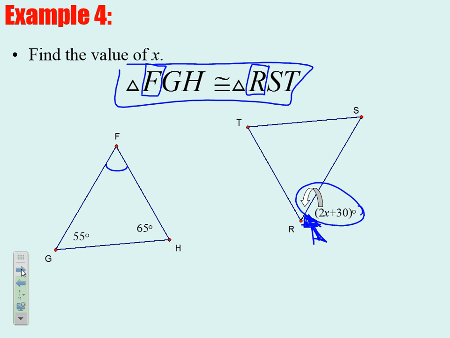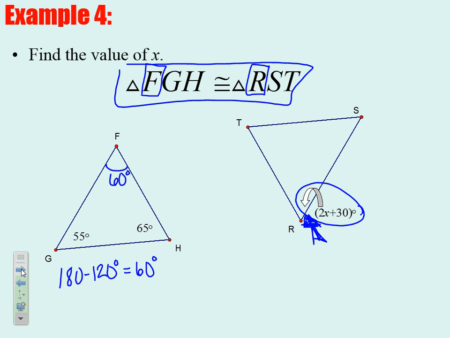So far, I have 55 degrees and 65 degrees used up in my triangle. If you do a little math there, that's 120 total degrees that have been used out of the 180 possible. So if I take 180 and subtract that 120, that means I have 60 degrees left for angle F right here. So if that's 60 degrees, then let's take a look at angle R. He's 2x plus 30.